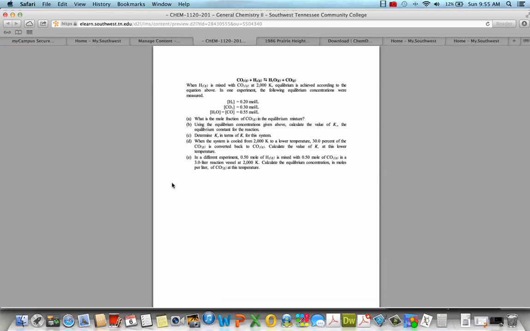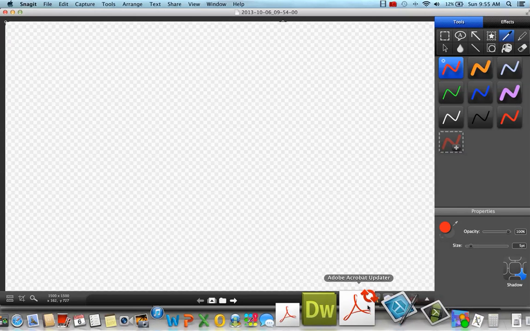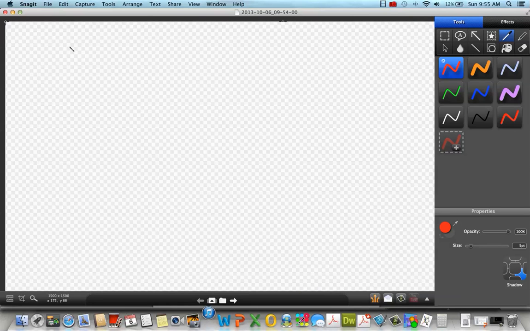So let's go and set up an ICE diagram. So we have CO2 plus H2.